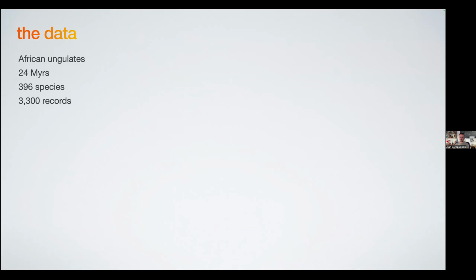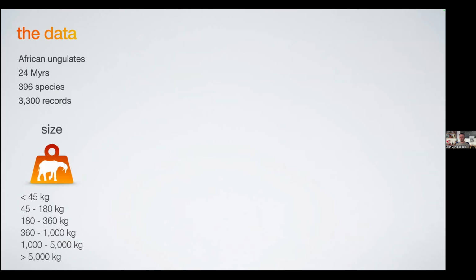So just a brief glance at the data. We are modeling around 400 species with 3,300 occurrences. We have body size in 6 categories for all these species.